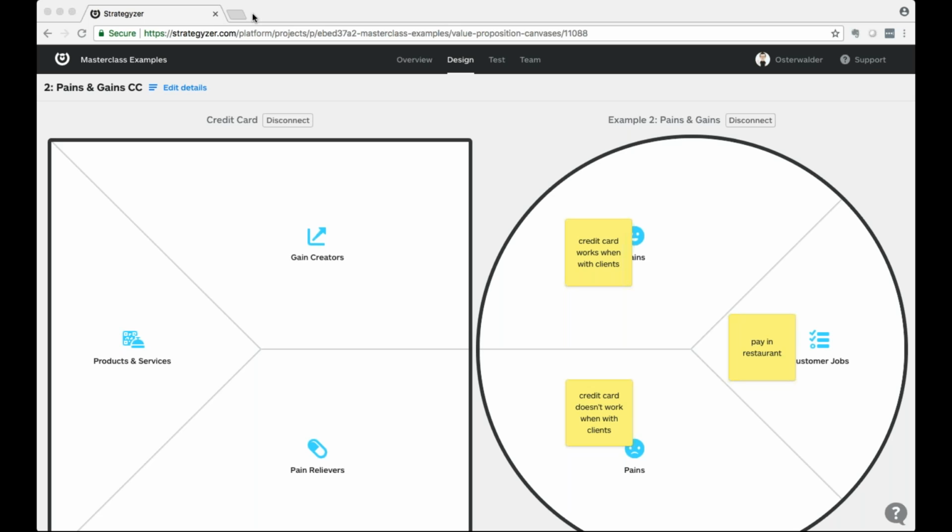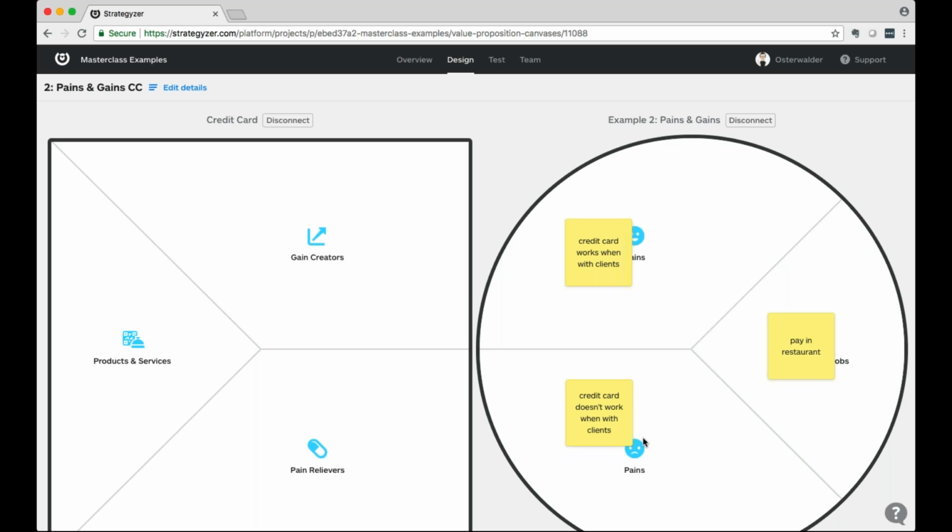Isn't it just a continuum? Okay, well, let me give you an example where that's not the case. So let's take a customer of a credit card company. Let's say here's little Alex, and one of the jobs to be done that I have is to pay in restaurants. Maybe I could be even more precise, pay in restaurants when I go out for dinner with clients.